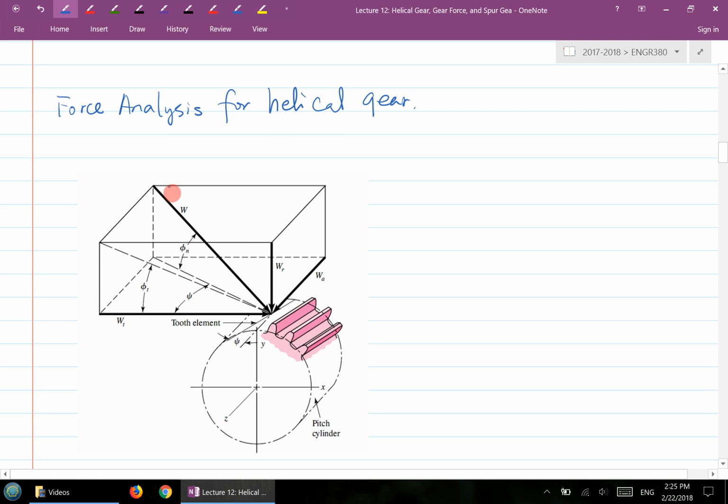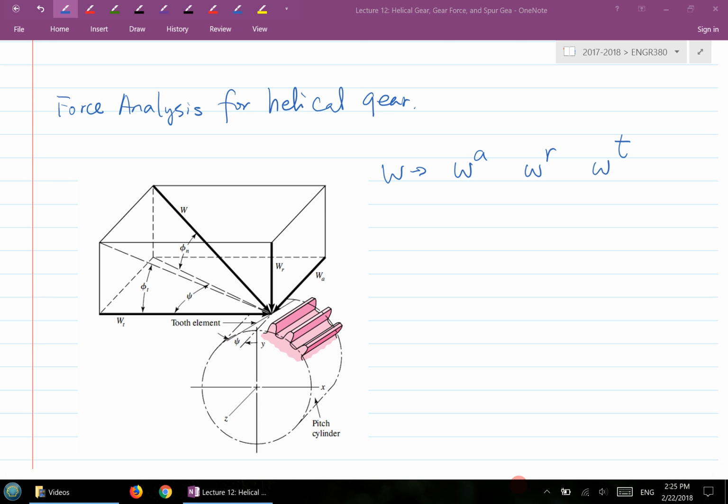The W here is actually in the normal plane, and then this is the front plane. This is actually the transverse plane, right? Now you can see, if you look at the W here, you can break the W down to three different components: WA, WR, and WT.